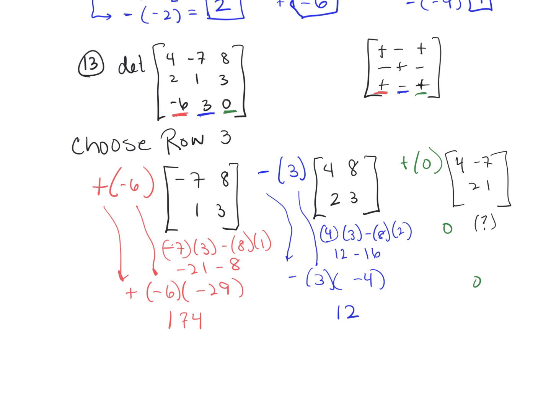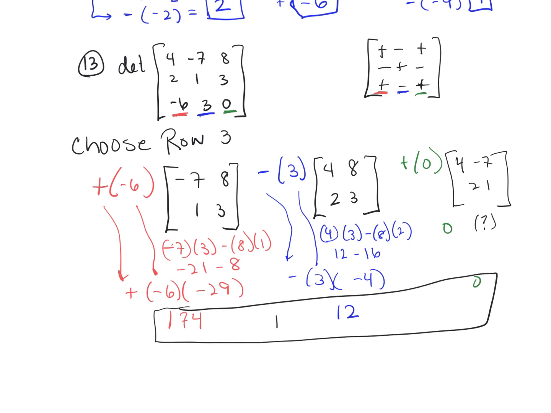And what I'm going to do is I'm going to add all of these together. So 174 plus 12 is a total of 186. So that is the determinant for this matrix. Remember, determinant is a number that represents a matrix. Each matrix has its own single number, so we're sticking with 186 for this determinant.